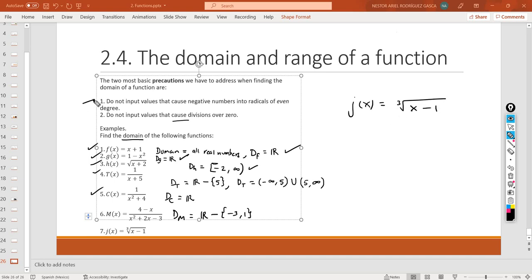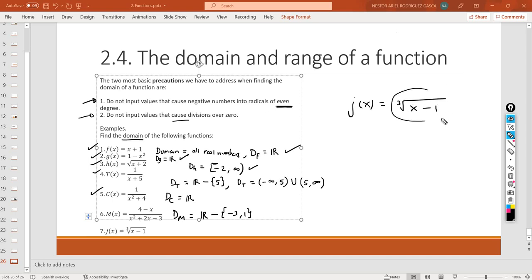Do not look at this one. Do not input values that cause negative numbers into radicals of the even degree. And you may be thinking, give me a moment, please. The phone is ringing. Okay, guys. Sorry about that. Yes. So these are the only two precautions that you have to take. Do not input values that cause negative numbers into radicals of even degree.